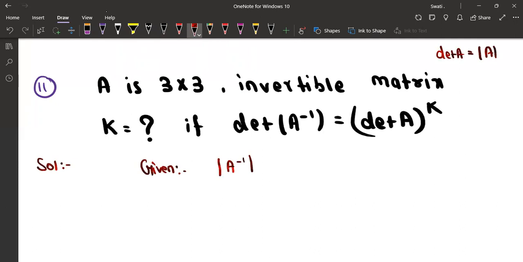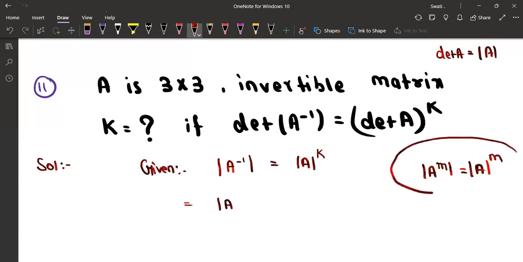So I have written it in this way, and this is equal to the determinant of A raised to K, which I can also write as the determinant symbol and then raised to K. Now there is a property of a determinant that if you have the determinant of A raised to M, this is the same as the determinant of A with the power outside the determinant.